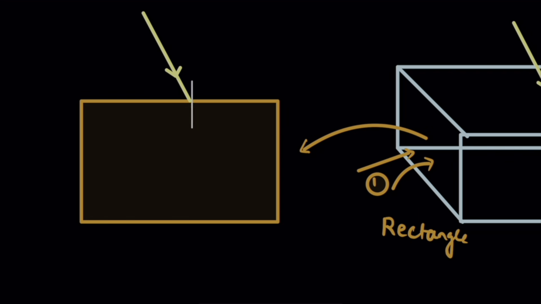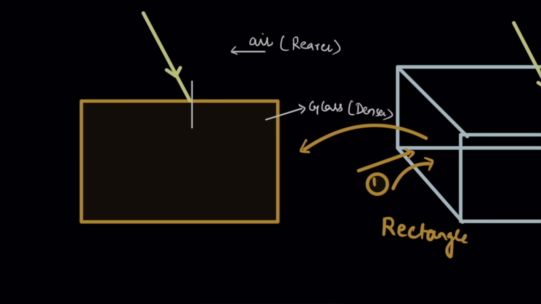We just studied that when the light ray passes from rarer to denser, it always moves towards the normal. This is our air, which is a rarer medium, and here is our glass, which is a denser medium.